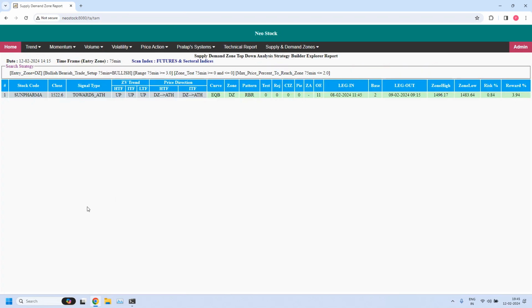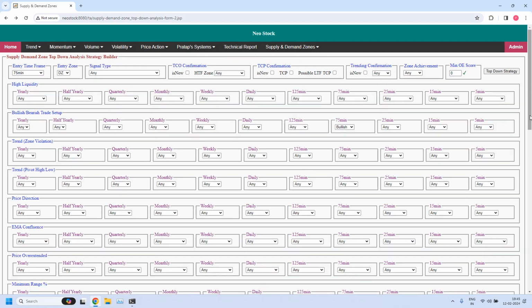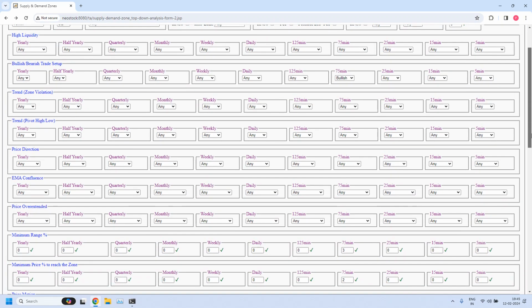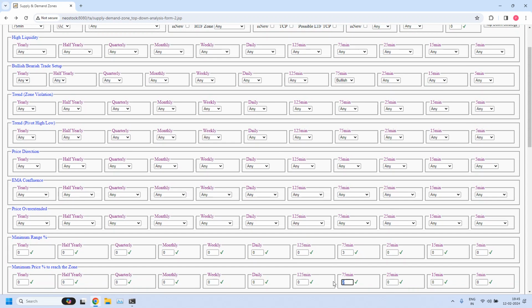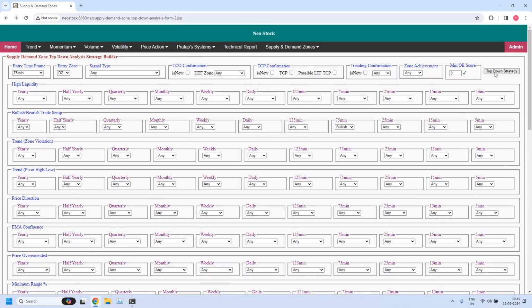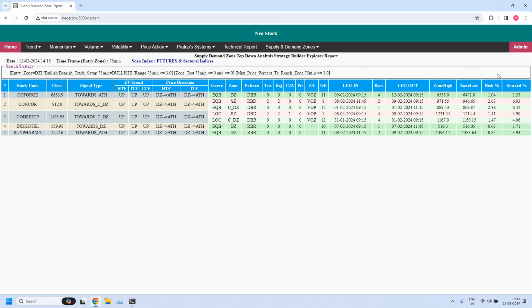Only one stock is there. And now the maximum value, 3%, because the reward is 3%. So at the 3% level, we will check if any stocks are there. I'm changing 2% to 3%. So out of those 16 stocks, 5 stocks are within the 3% level of the 75 minutes demand zone.